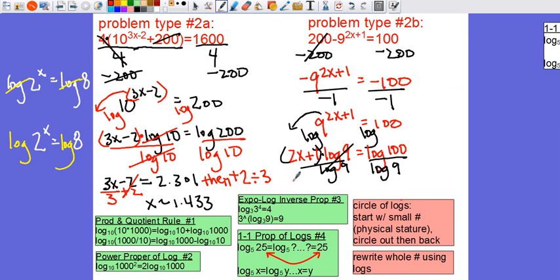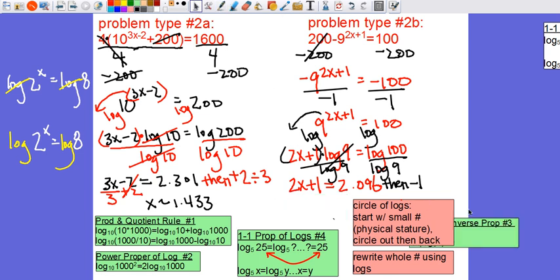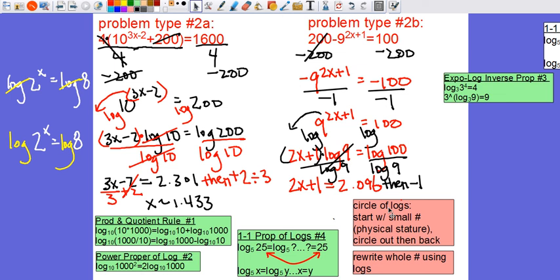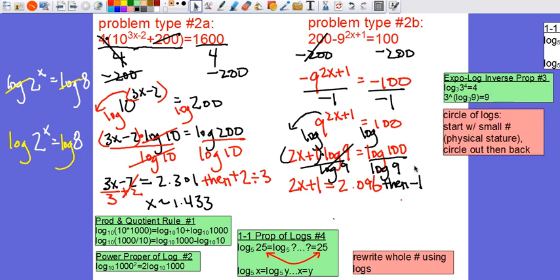Okay, 2.096. So 2x plus 1 is equal to 2.096. And then you subtract 1, because you want a negative 1 here. Let me make some room. Let's move these here. Then subtract 1 from both sides. That cancels, and then you divide by 2.